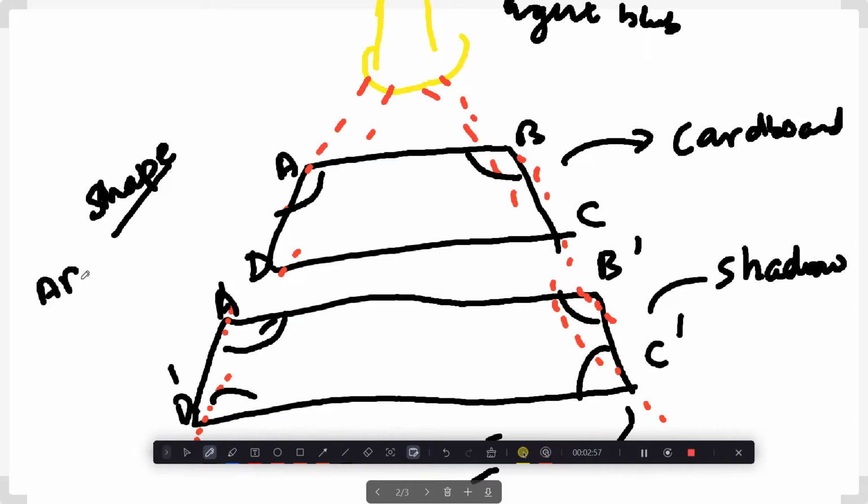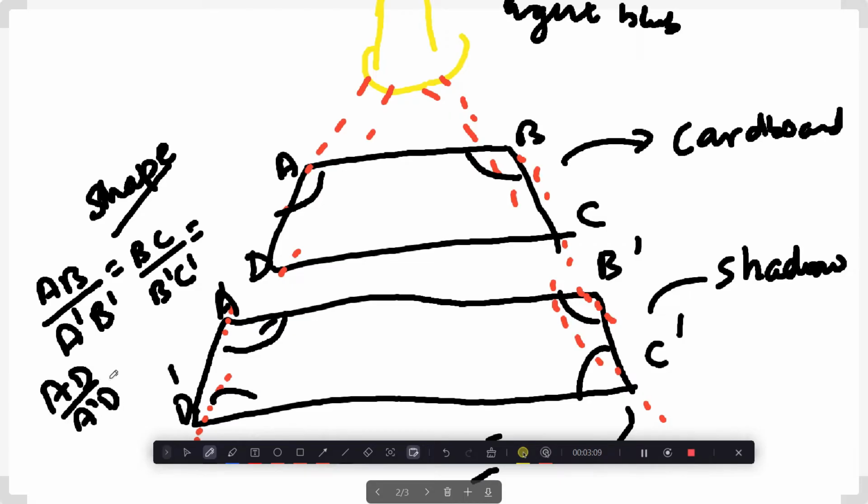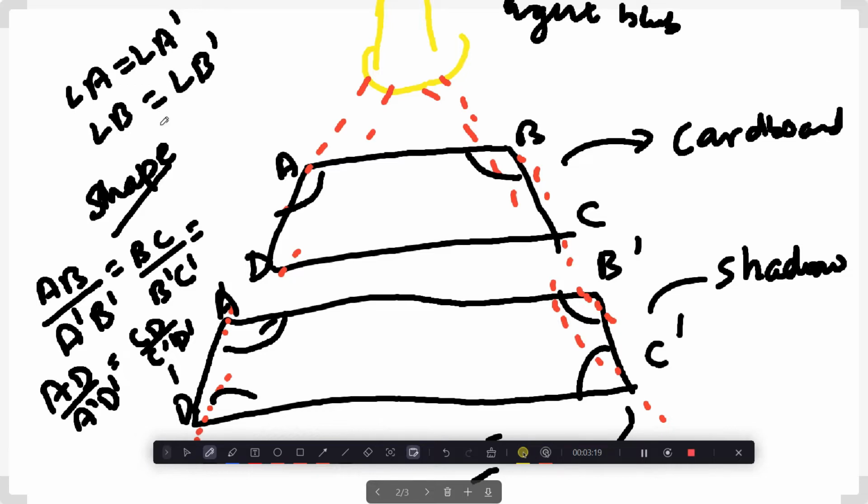Therefore, AB divided by A dash B dash is equal to BC divided by B dash C dash is equal to CD divided by C dash D dash and DA divided by D dash A dash. And all the angles: angle A equal to angle A dash, angle B equal to angle B dash, angle C equal to angle C dash, angle D equal to angle D dash.